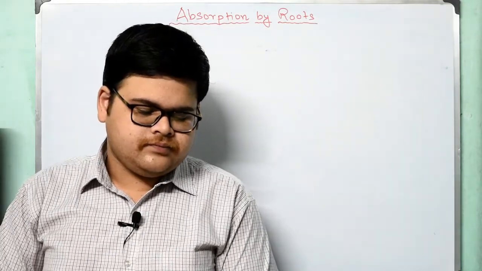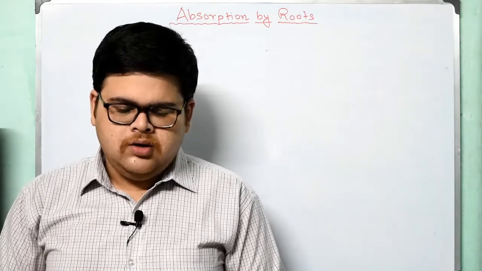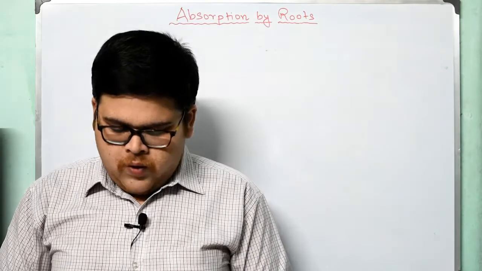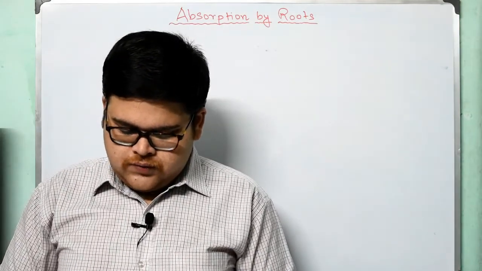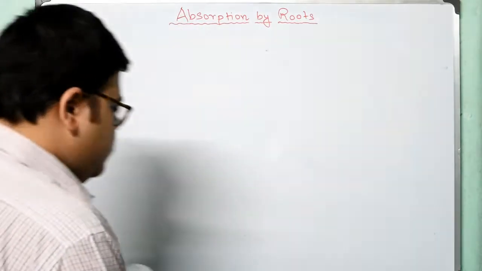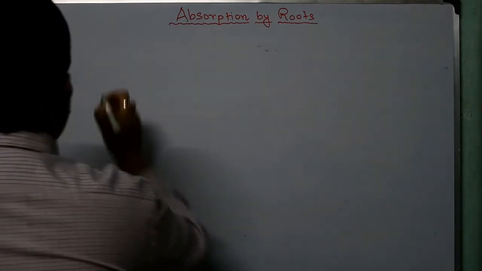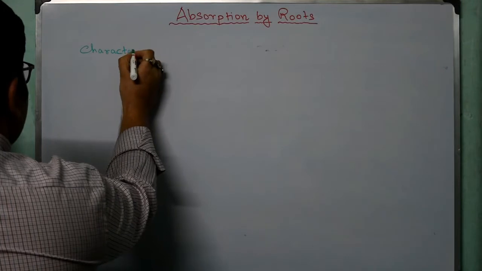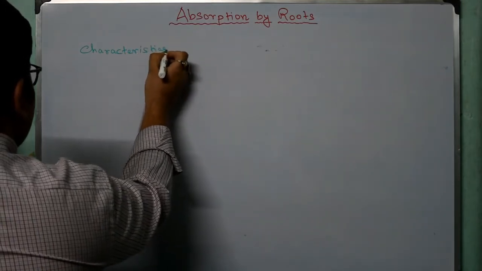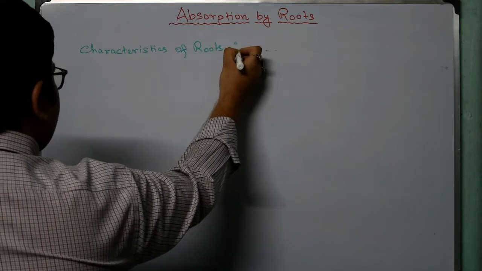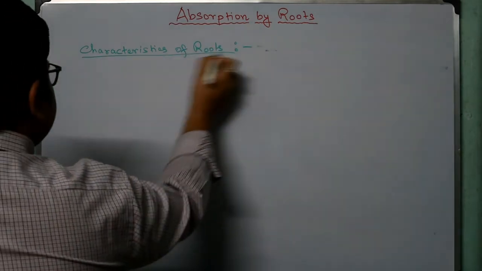Okay. Now we will be going to the characteristics of roots for absorbing water. So what are the characteristics of roots for absorbing water? Please look here; we will go into detail.